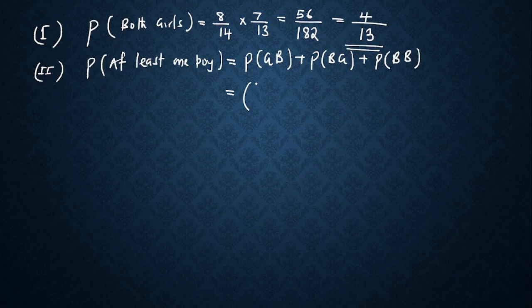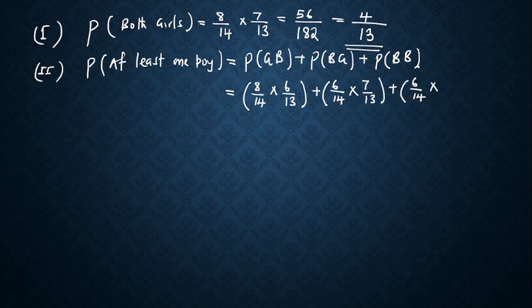6/13. Plus the probability of picking a boy from the first picking and a girl from the second picking, that will be 6/14 multiplied by 7/13. Then the probability of picking a boy from the first picking, 6/14 multiplied by the probability of picking a boy from the second picking, which is 5/13, like this.